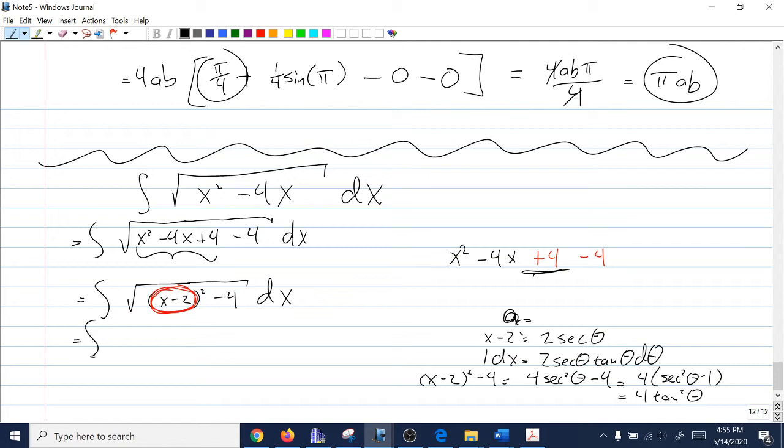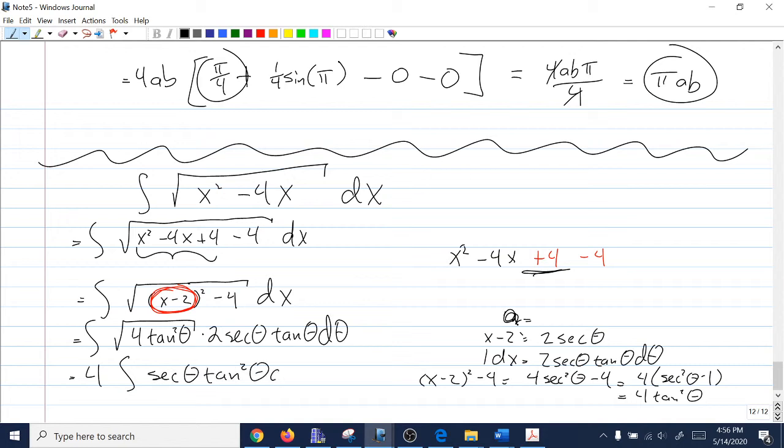So this integral becomes the integral of square root of 4 tangent squared theta, times dx, which was 2 secant theta tangent theta d theta. 2 times 2 is 4, integral secant theta tangent squared theta d theta.